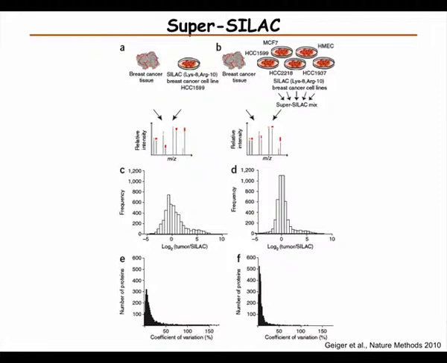So this is one way to do it. Another way, if you're analyzing a lot of breast tumors, let's say you have 100 breast tumors that you want to analyze, is to take a little fraction of each of those, mix them all together, and use that as a labeling standard.